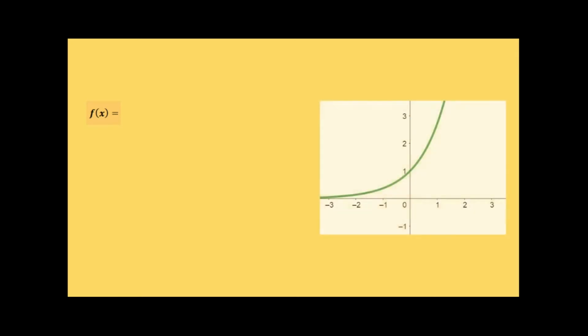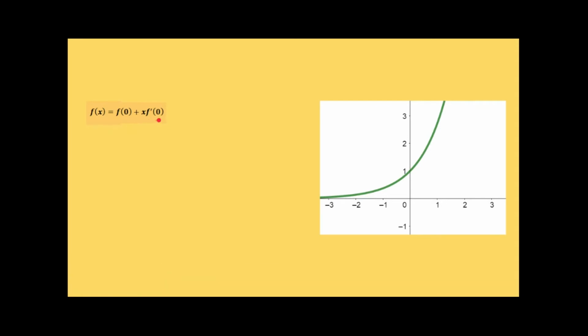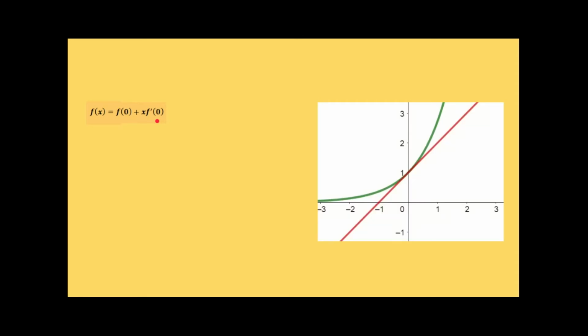So what we're saying is our function is approximately equal to, first of all, f of 0, so that is the y-intercept, plus the gradient when x is 0 times x. So that gives us the linear function y equals mx plus c. So it goes through the point on the y-axis and with the same gradient. There it is.